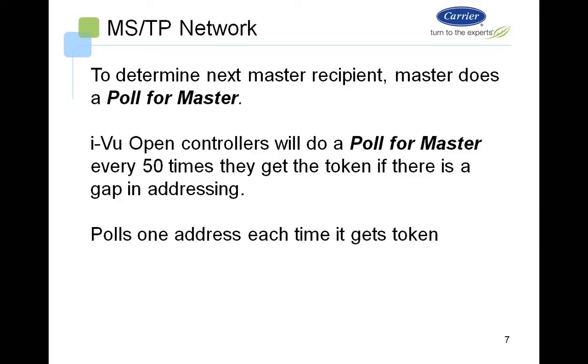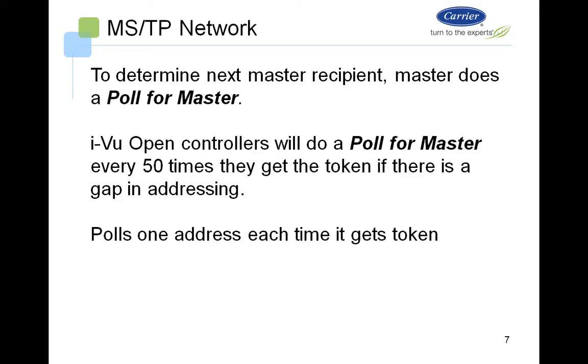If there is, it will add that information and then pass the token to that new master. When an open controller initiates this poll for master, it will just poll one address each time it gets the token.